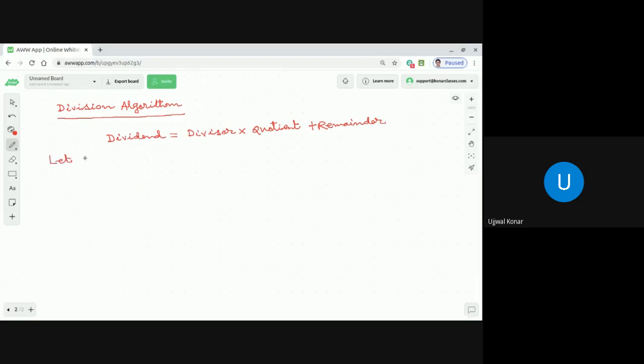Let the polynomial f(x), when divided by the polynomial phi(x), give quotient psi(x) and remainder R(x).